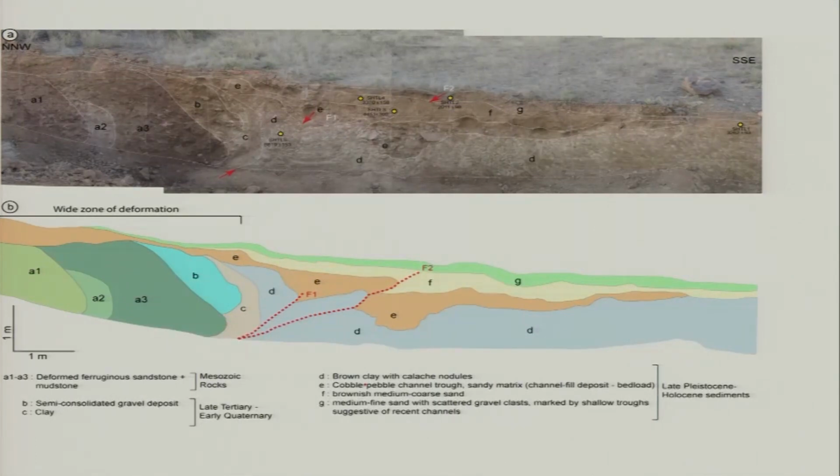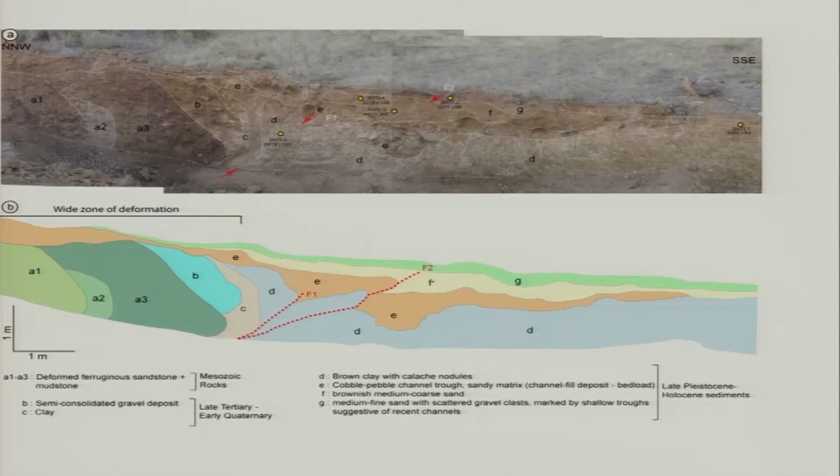And after demarcating all units, what we see is the trench, and this is the log of the trench, which shows the deformation or the folding of Mesozoic rocks, from unit A3, and then you have the tertiary succession which also got folded and displaced. So this is the faulting which we see in the section.